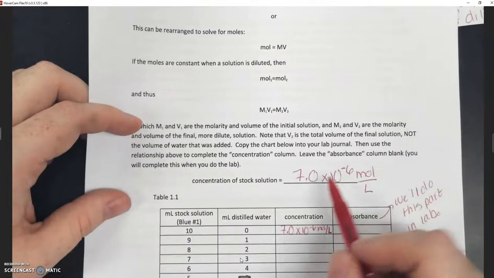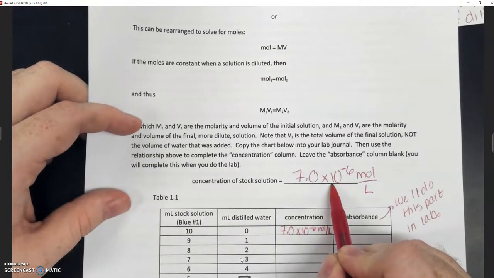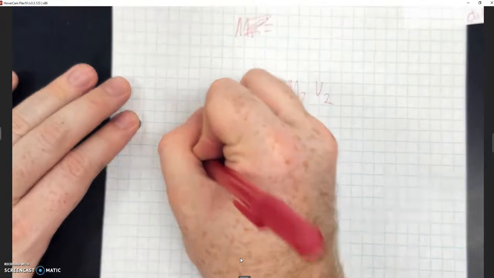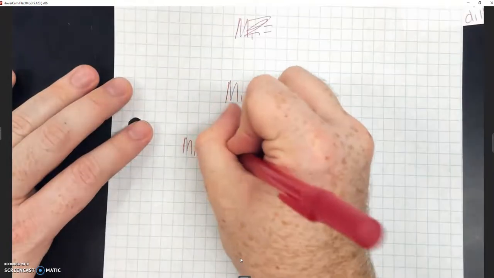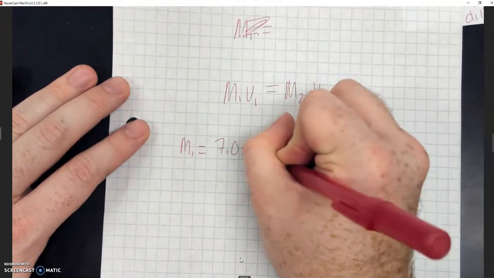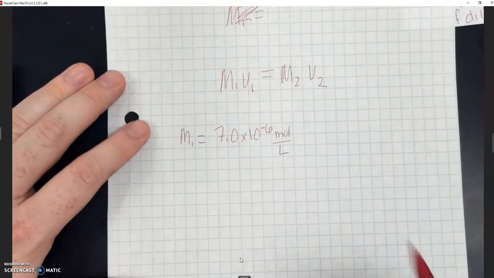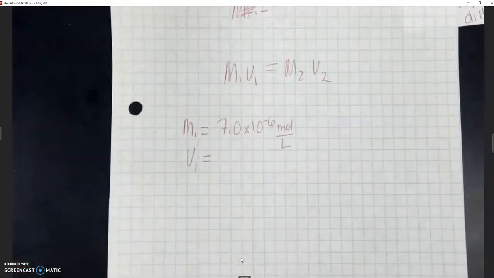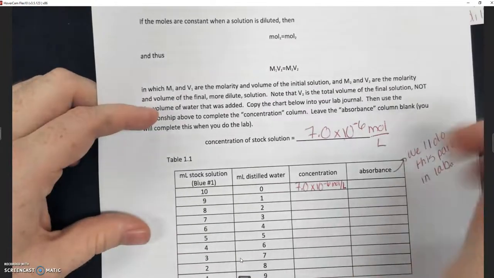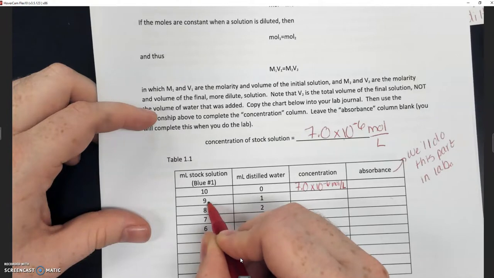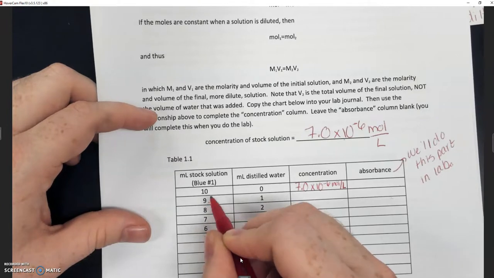For the problem, the stock solution is at 7.0 times 10 to the negative 6 moles per liter. So my M1 is equal to 7 times 10 to the negative 6 moles per liter. My V1, which is the amount of stock solution I need, was given to me as 9 milliliters, or 0.009 liters when you convert it to liters, which you have to do.